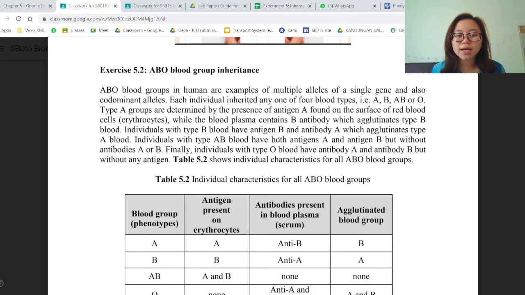Kalau kita letak darah A ke atas slide dan kita letak anti-A serum ke atas darah itu, akan tergumpal. Dia akan agglutinate. Agglutinate means something is attacking your red blood cells and it's making it clump together. Menyebabkan dia tergumpal sama-sama, dia tidak larut dalam plasma. So, dia akan nampak agglutination tu.